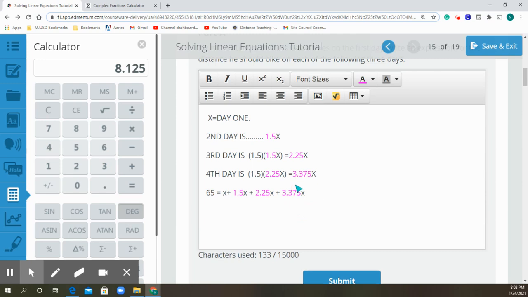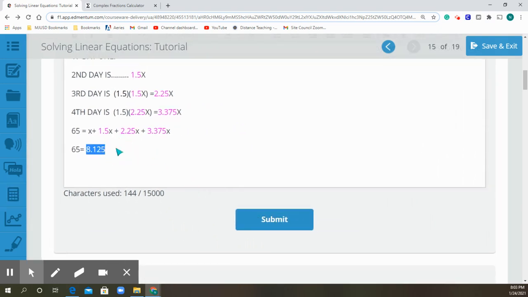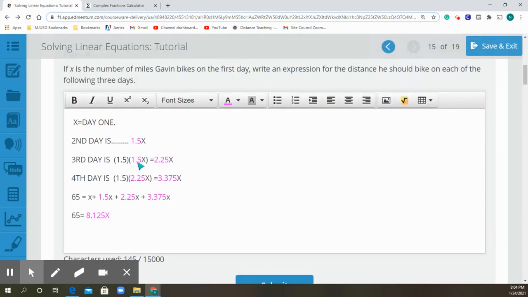So 65 equals 8.125x. I think that's going to be pink, but that's okay.